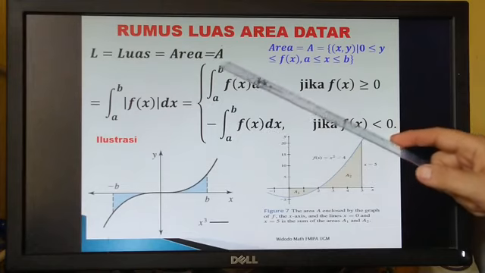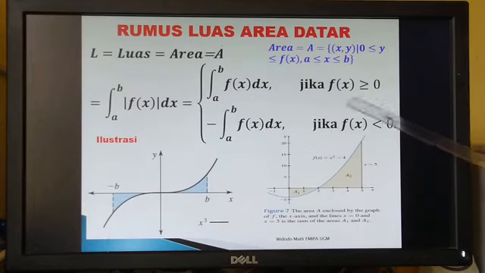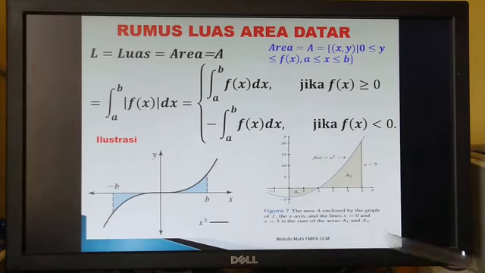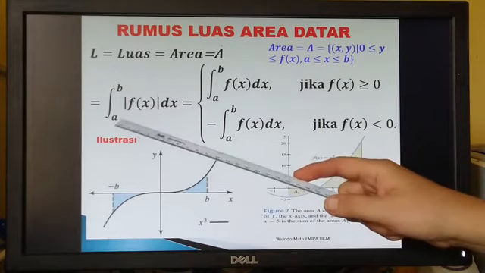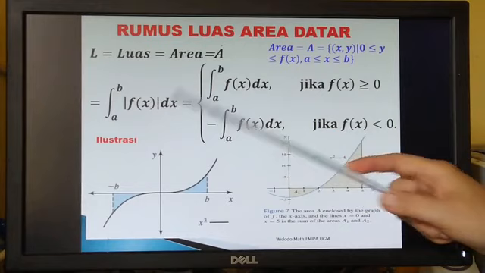That means it equals the integral of f(x) dx when f(x) is non-negative, but when f(x) is negative, we take the negative of this number. So in conclusion, this is the formula of the area of the flat region.